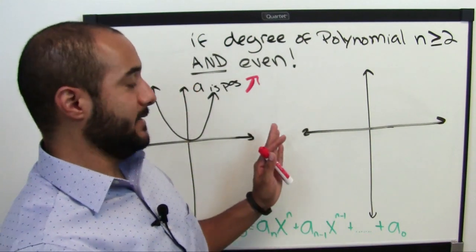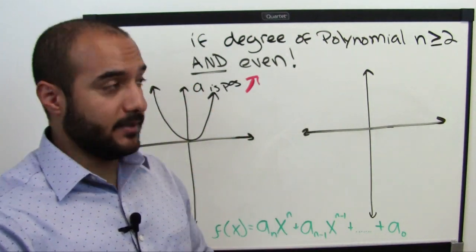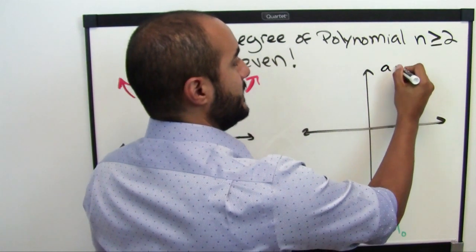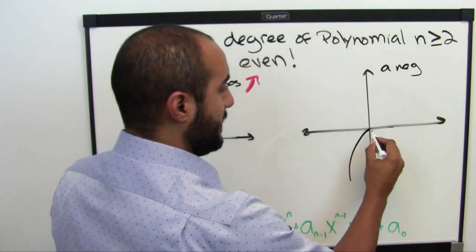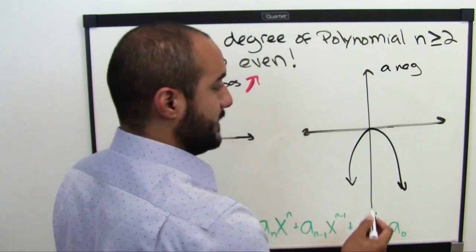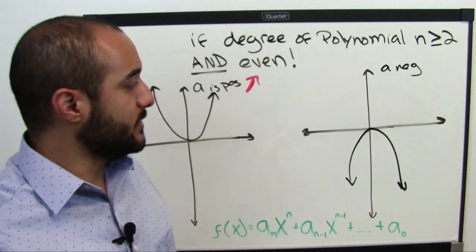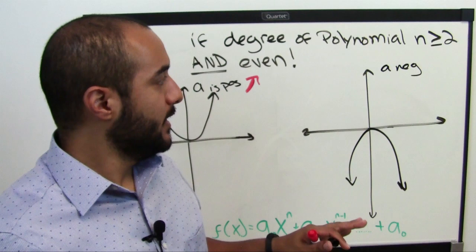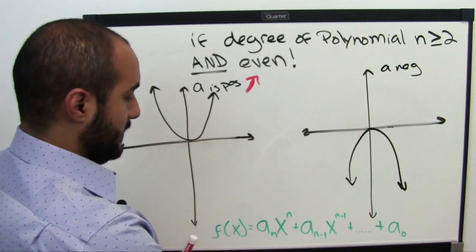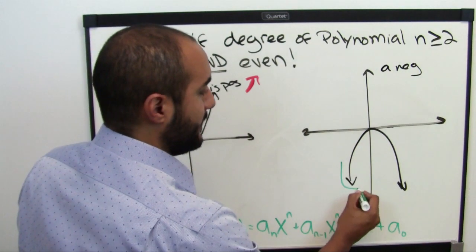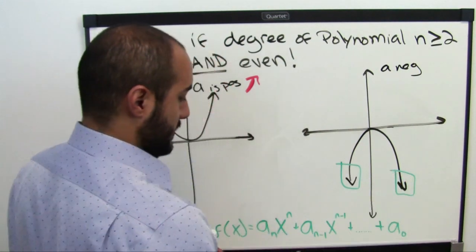So what happens if my a is negative? Well, remember my quadratic parent function looks like this. We have a reflection about the x-axis. Looking at the ending behavior for this, I only care about what's happening right here.